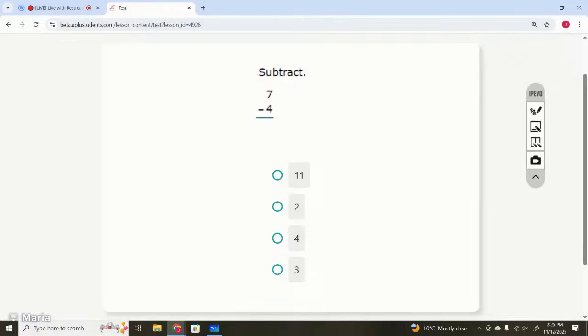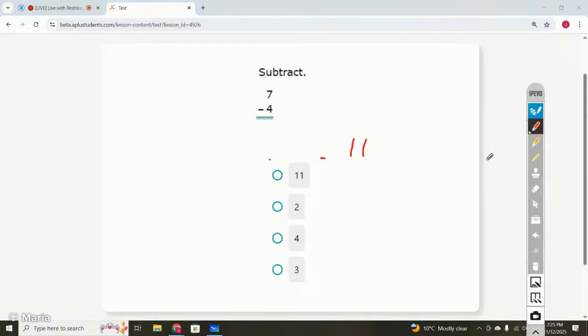Okay, subtract 7, take away 4. Start with 4, count up to 7.